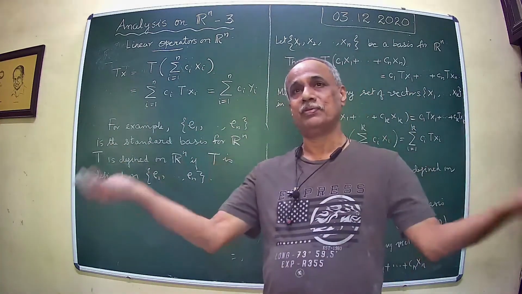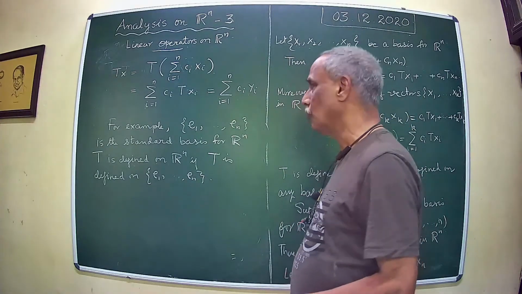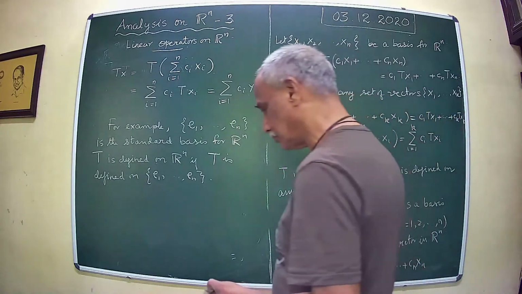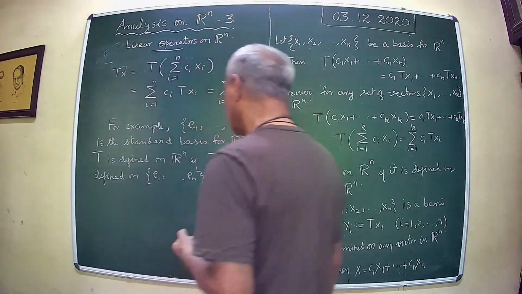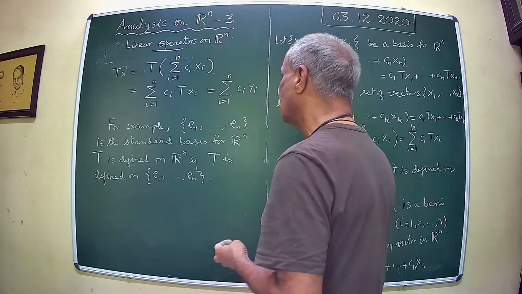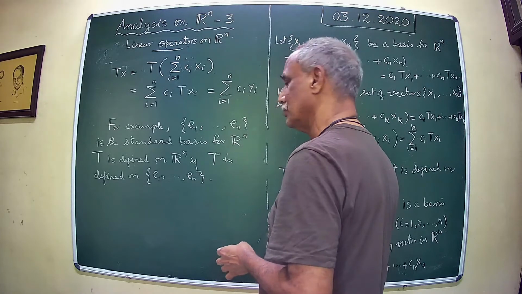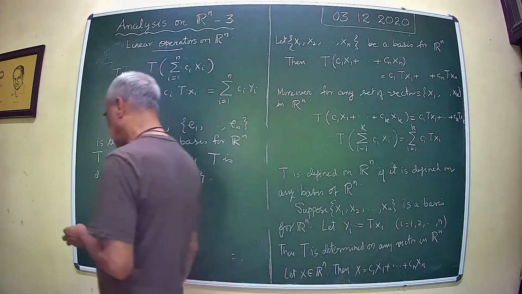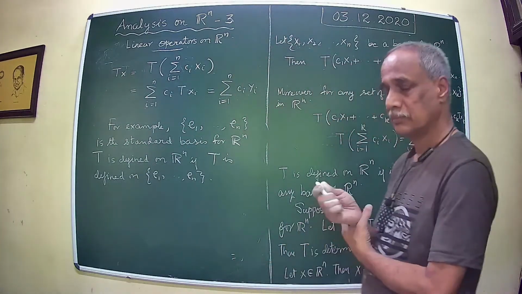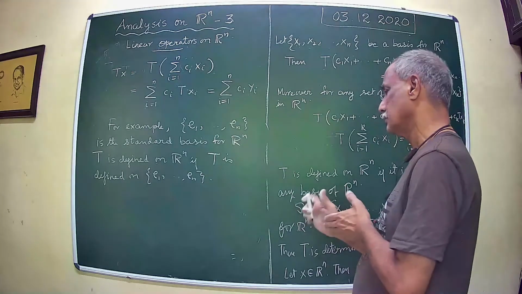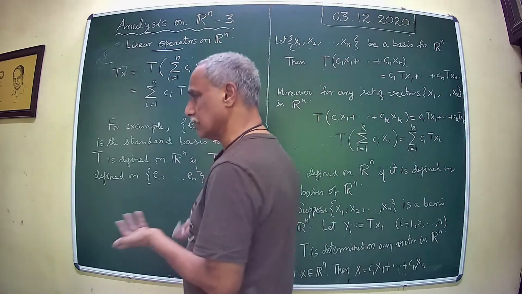If it is just a map from Rn to Rn which is not necessarily linear, for instance something like Tx given by some nonlinear formula, then this statement does not work.